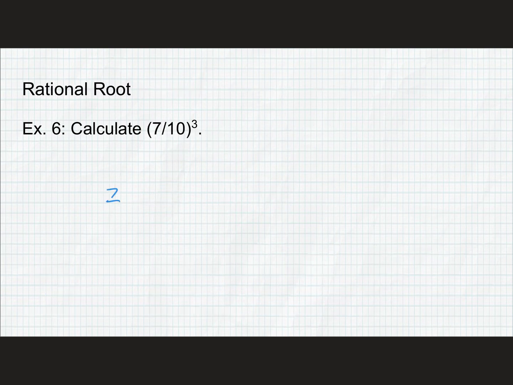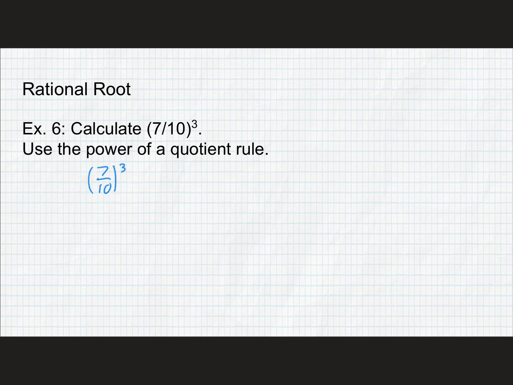Let's try one final example and calculate the cube of 7 over 10. Now, using the power of a quotient rule, we get 7 cubed over 10 cubed, or 7 times 7 times 7 over 10 times 10 times 10. So 7/10 cubed is 343 over 1,000.